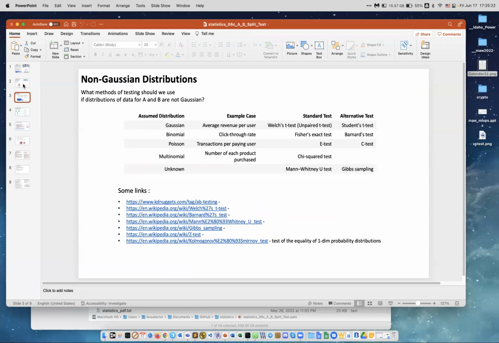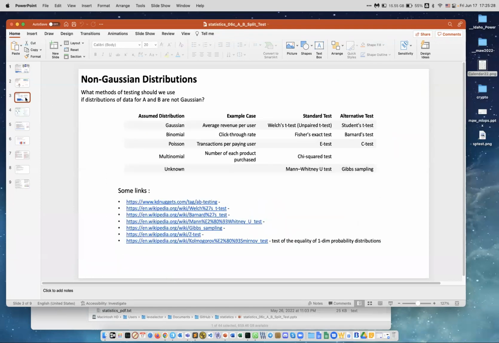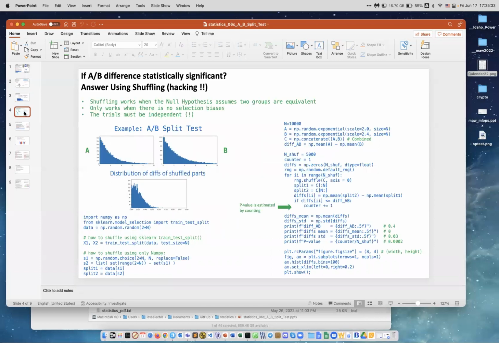Non-Gaussian distribution. All this is only for Gaussian distribution, but in real life, you will have non-Gaussian distributions. Here is an example. So this is test A, and suppose this is, I don't know, number of clicks on a page.